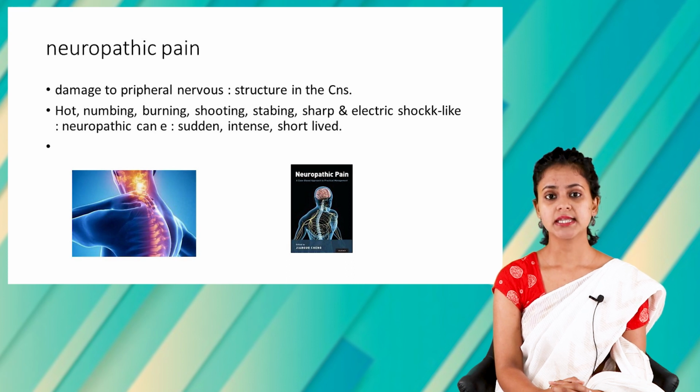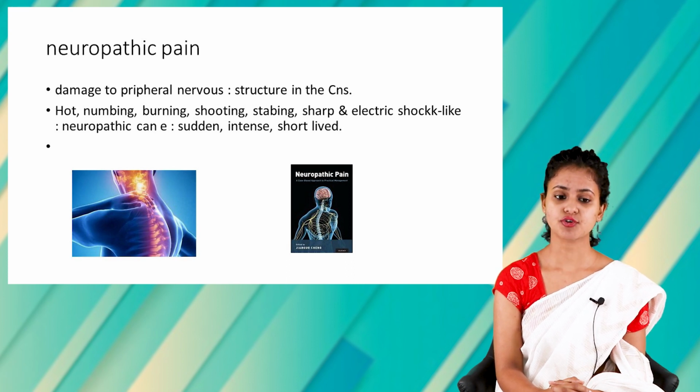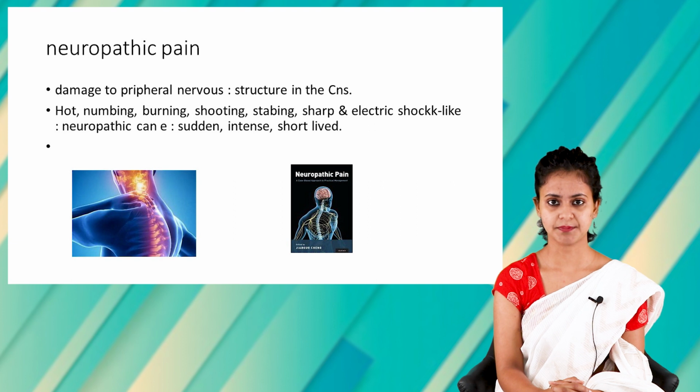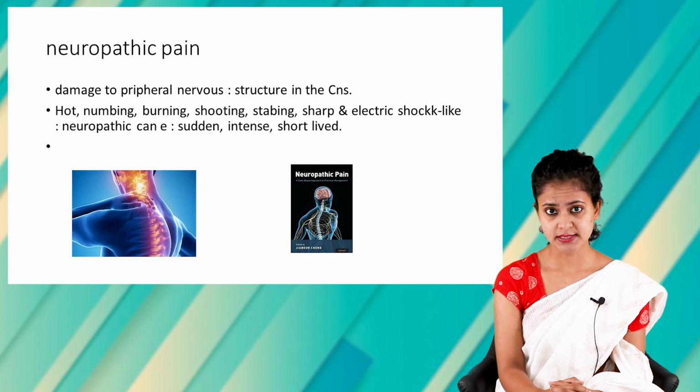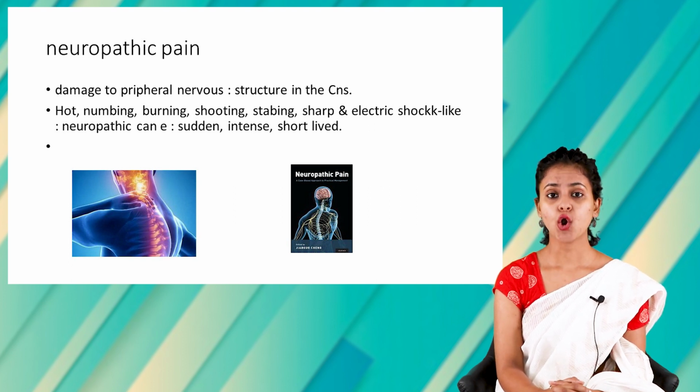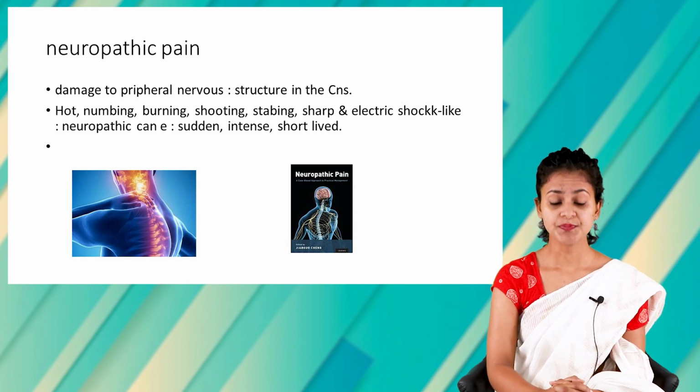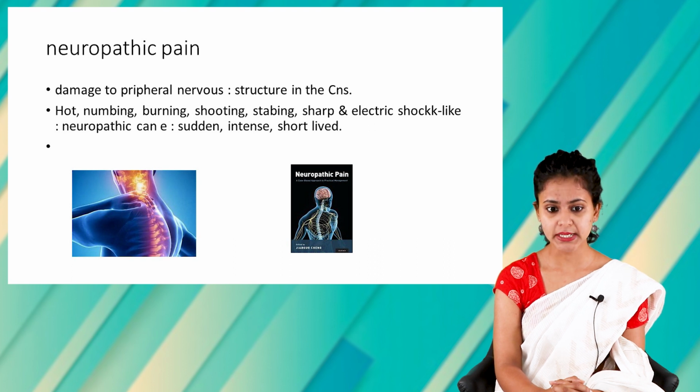Now we are going to see the next type of pain, which is known as neuropathic pain. Here in neuropathic pain, there will be damage in the peripheral nerves, even in the structures of the central nervous system. The person with neuropathic pain will often complain about a hot flushing sensation. There can also be numbing.